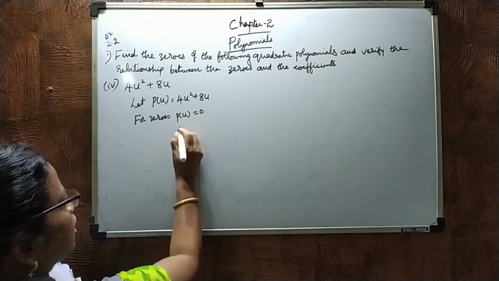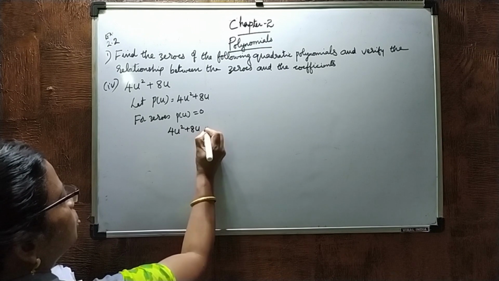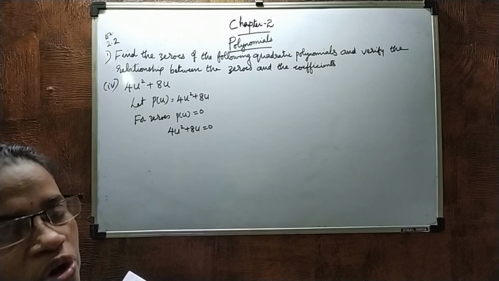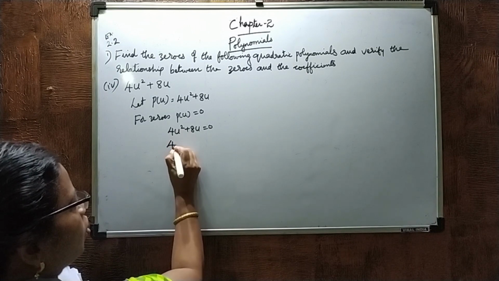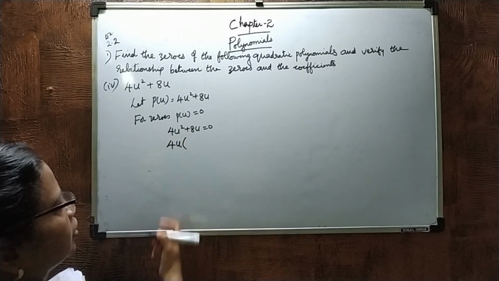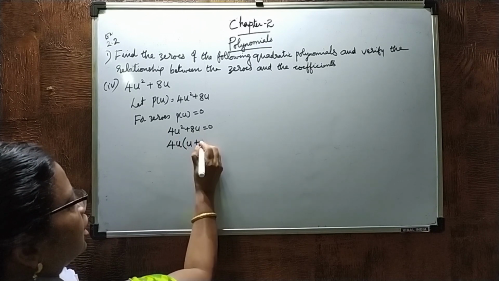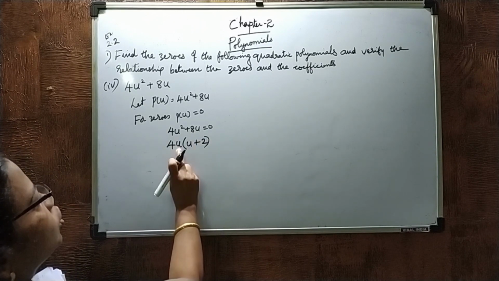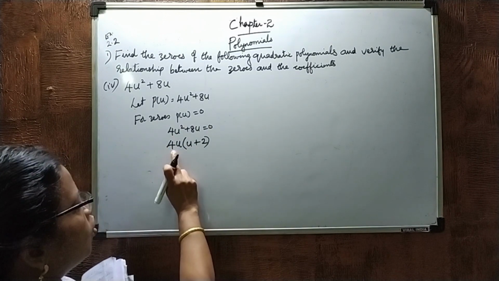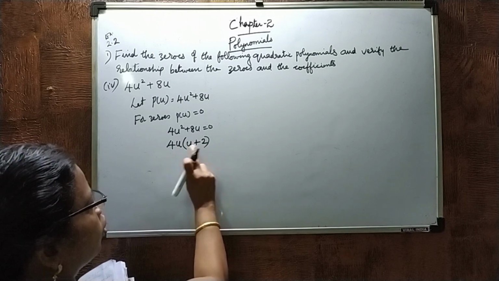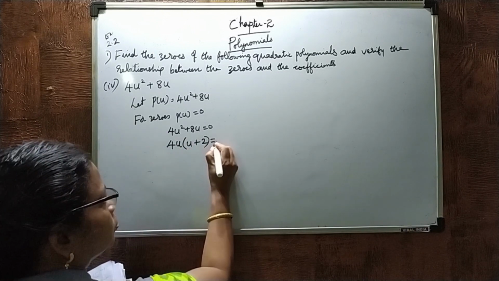Then instead of P of u, we write 4u square plus 8u equal to 0. Now we are going to split. Take the common term outside, 4u is common. Then the balance is 4u into u, 4u square, plus 4u into 2, 4 into 2, 8u equal to 0.